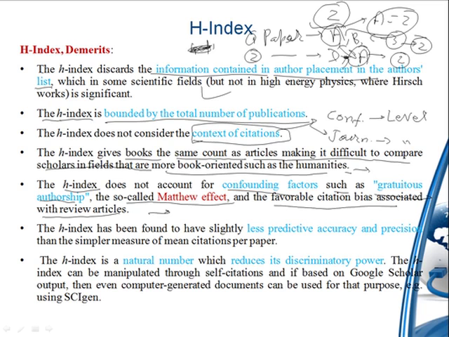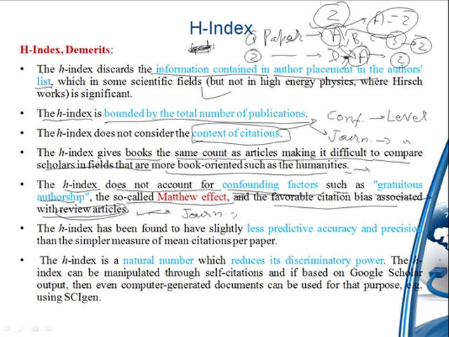Means to enhance the impact or number of citations, several journals or conferences publish review articles, and the H index does not account for such confounding factors.